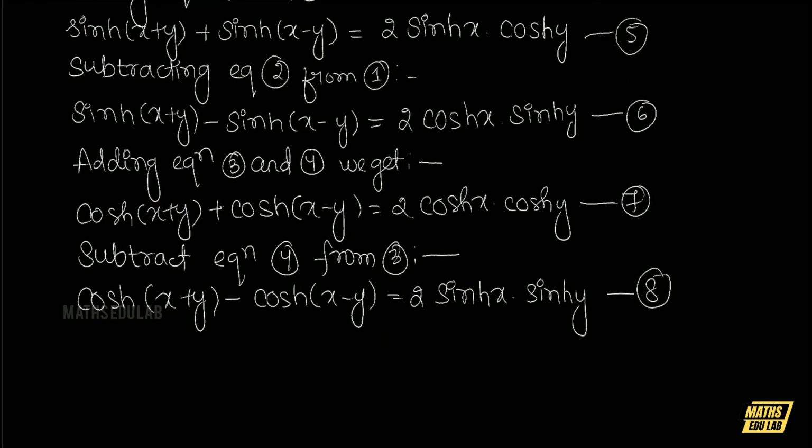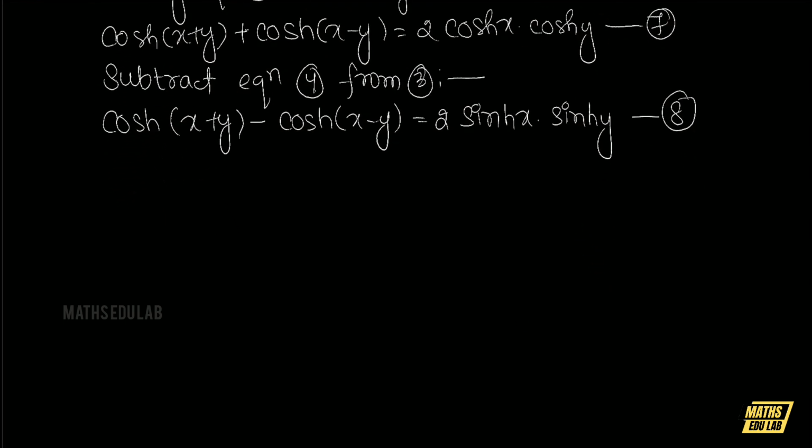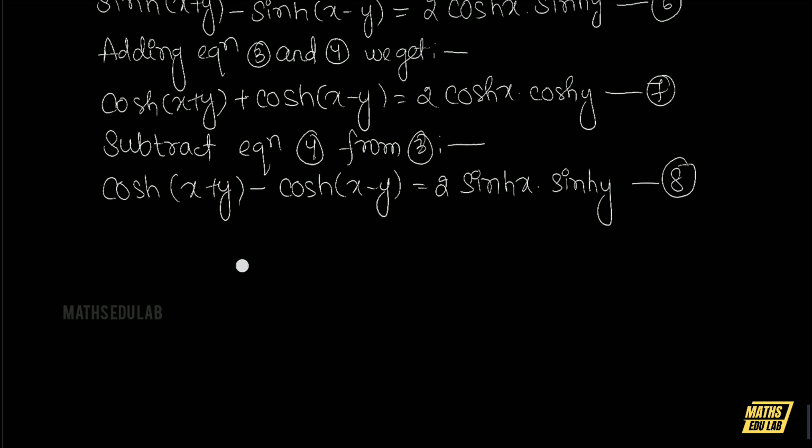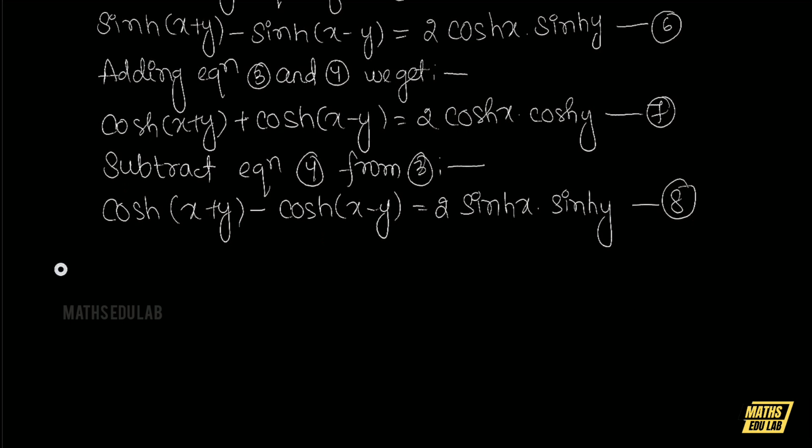Now in this we will make some changes to get the formulas in terms of a and b. For that, let's change equations 5, 6, 7, 8 by putting x+y as a and x−y as b.